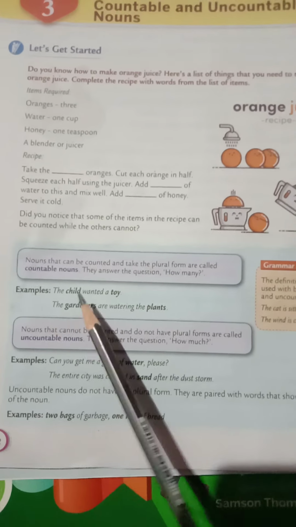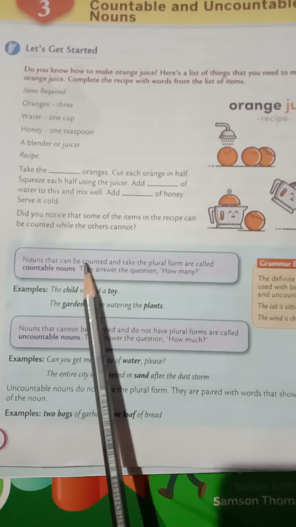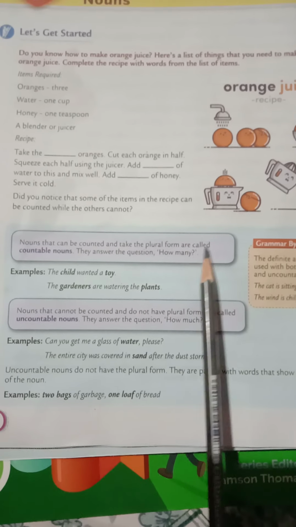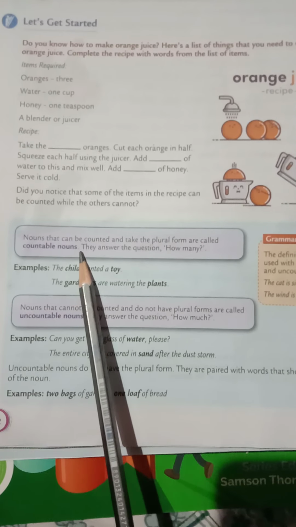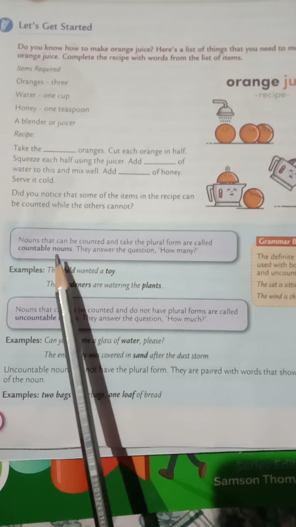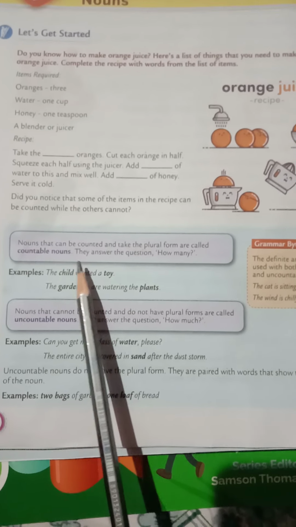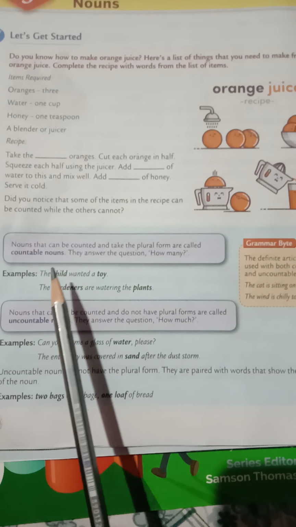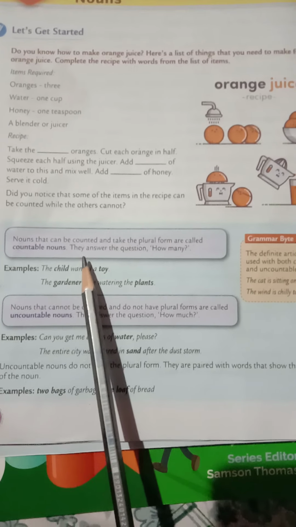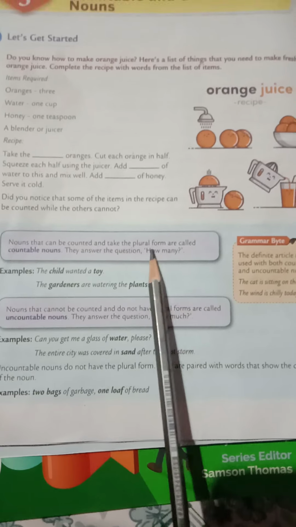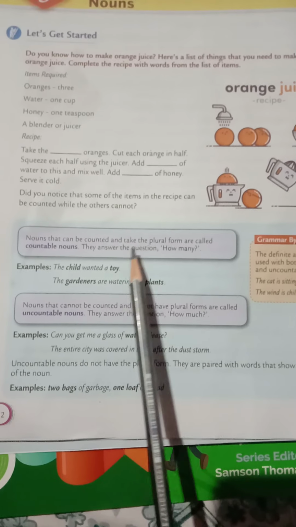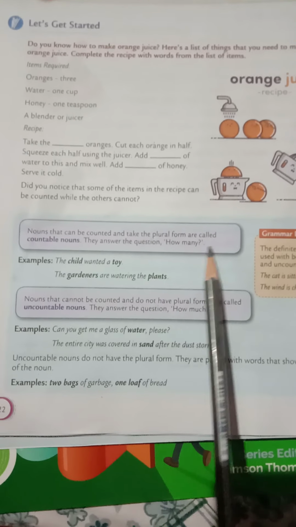Nouns that can be counted and take the plural forms are called countable nouns. They answer the question how many.